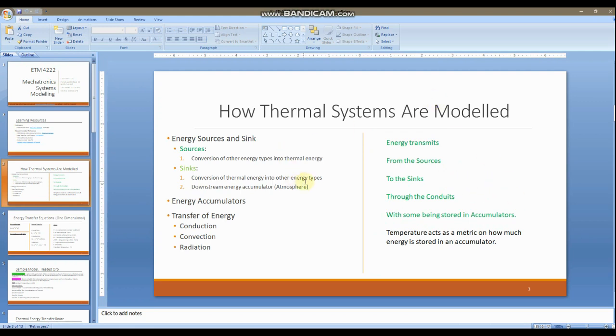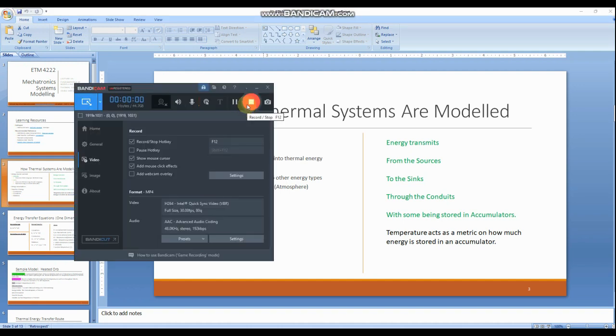A thermal system transmits energy from a source to a sink through conduits, with some being stored in accumulators. That's a single sentence explanation of what a thermal system is, and quite an abstract one at that.